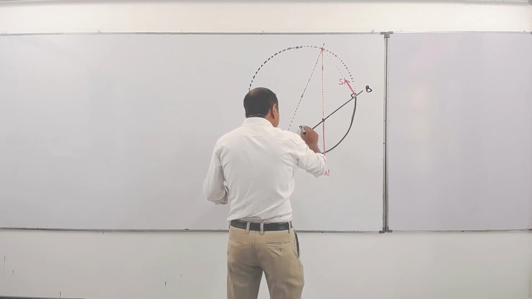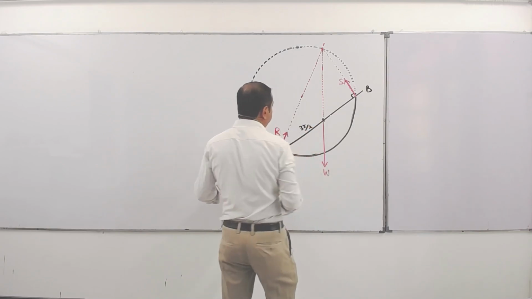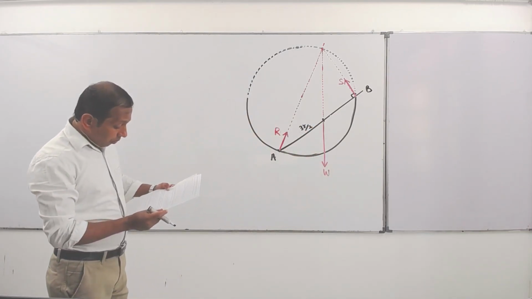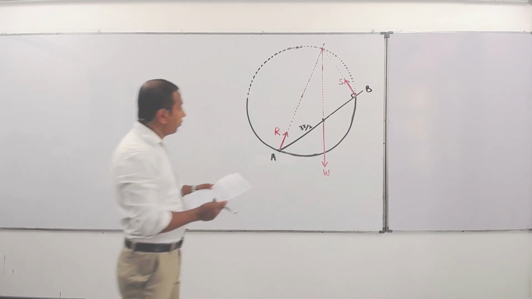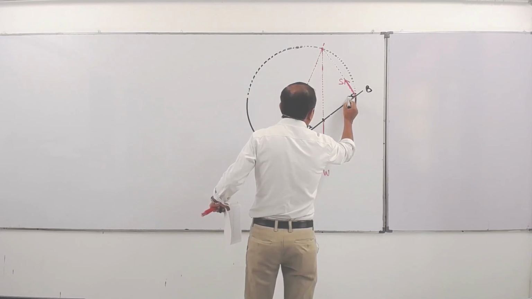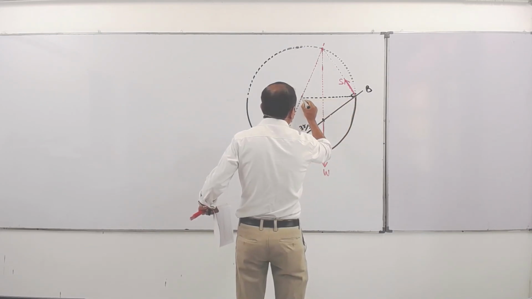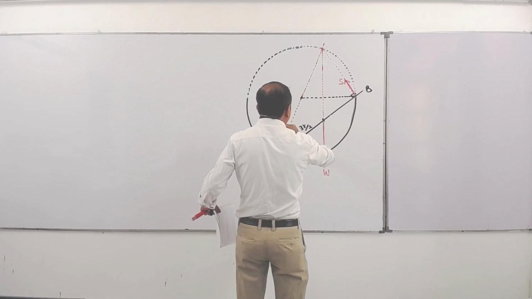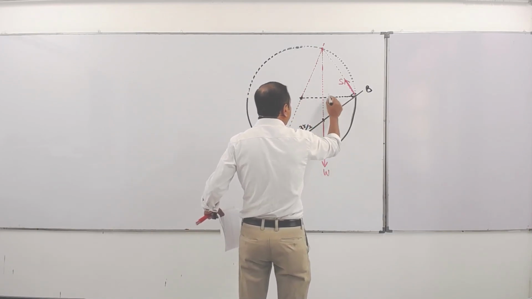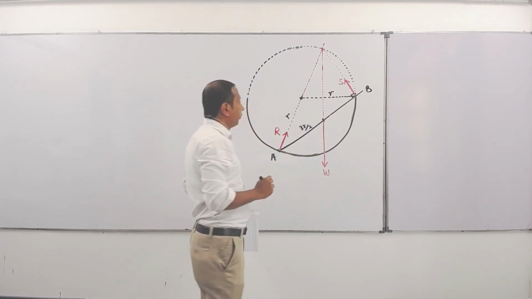Okay. The radius of the ball is R. So I can mark the radius like this. From here to here the radius is R, and from here to here the radius is R.